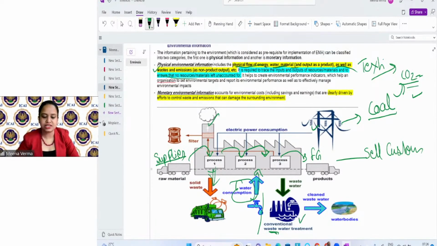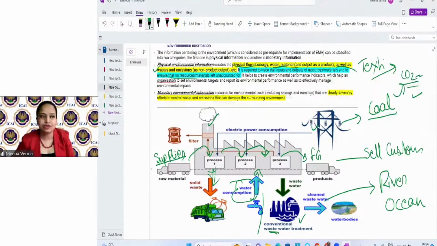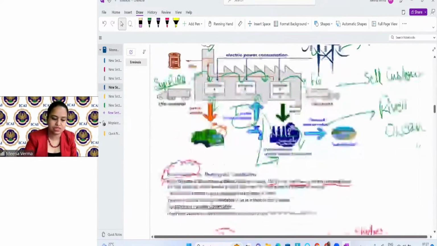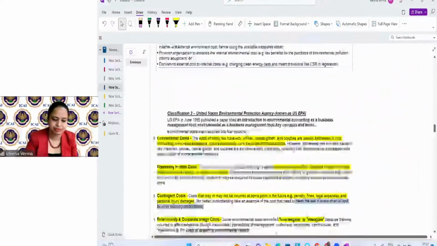Instead of releasing such water in rivers or oceans, they should first clean it from the chemicals, then use it in some area where you can grow trees. Now when you want to clean this water waste, they will have to incur the cleaning cost. So you can imagine so many different types of cost the company will have to incur, right?